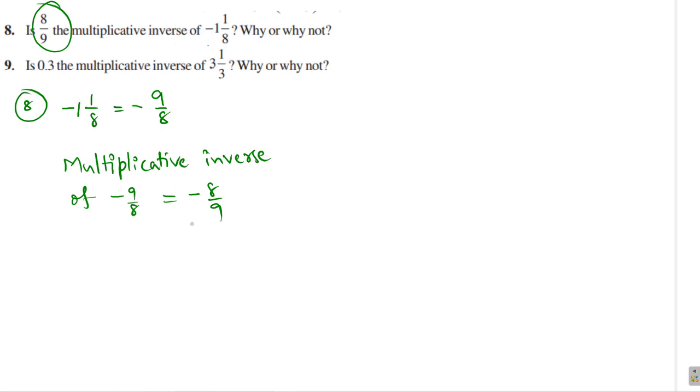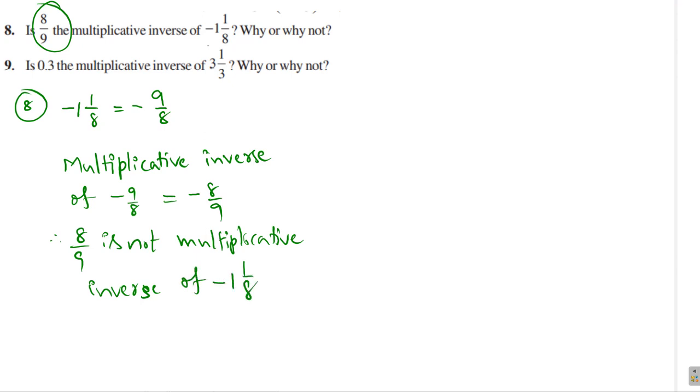Minus 8 by 9 is the multiplicative inverse. Therefore, we can write 8 by 9 is not the multiplicative inverse of minus 1 by 8.